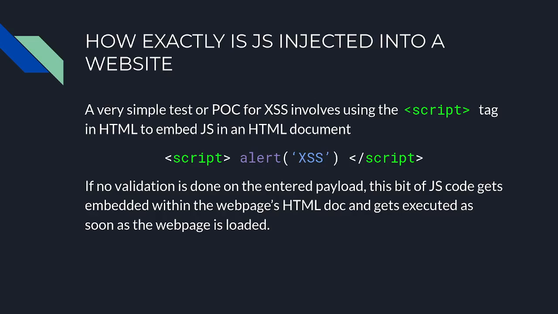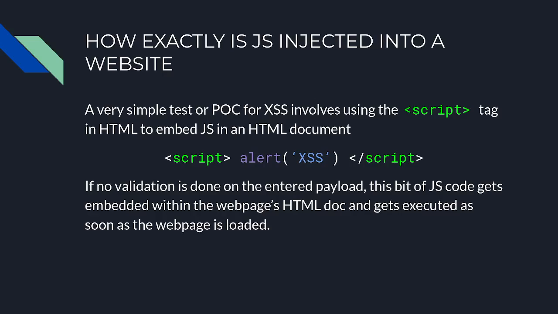As soon as it encounters a script tag, whatever comes after the script tag and before the closing of the script tag is considered as JavaScript by the browser. And this bit of JavaScript then gets executed as soon as the web page is loaded by the victim's browser. And that's what happens in case of XSS.